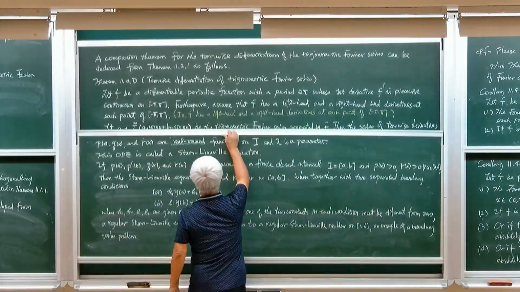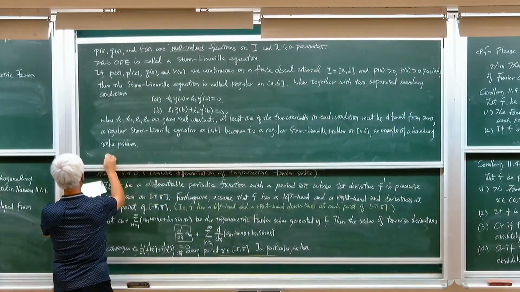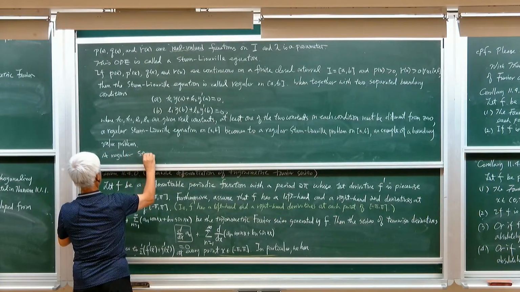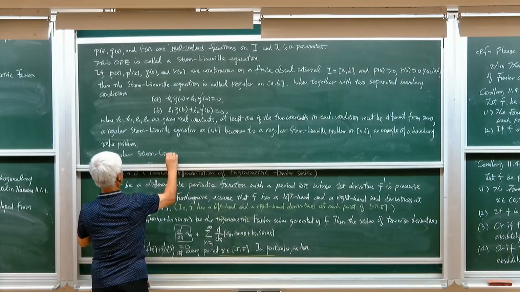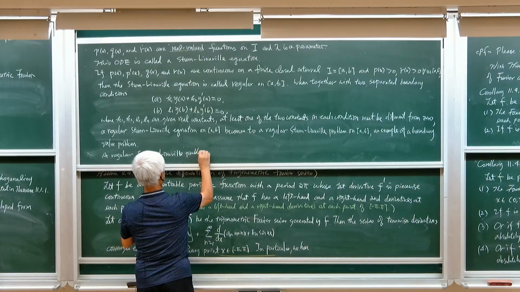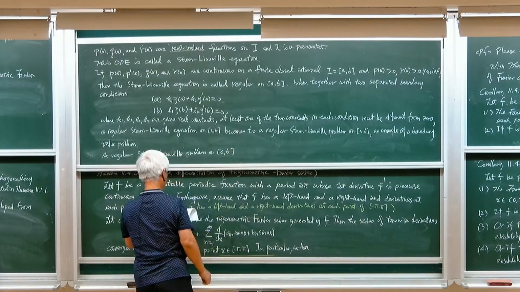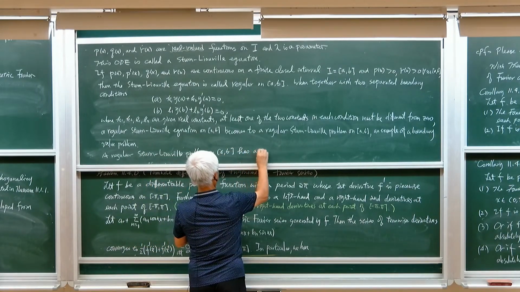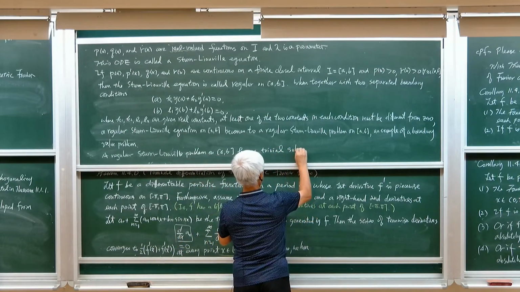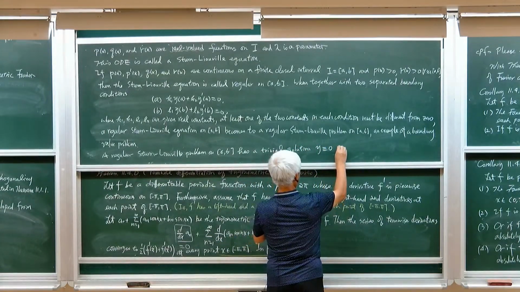Now we will say that a regular Sturm-Liouville problem on AB has a trivial solution, y identically 0 on AB.